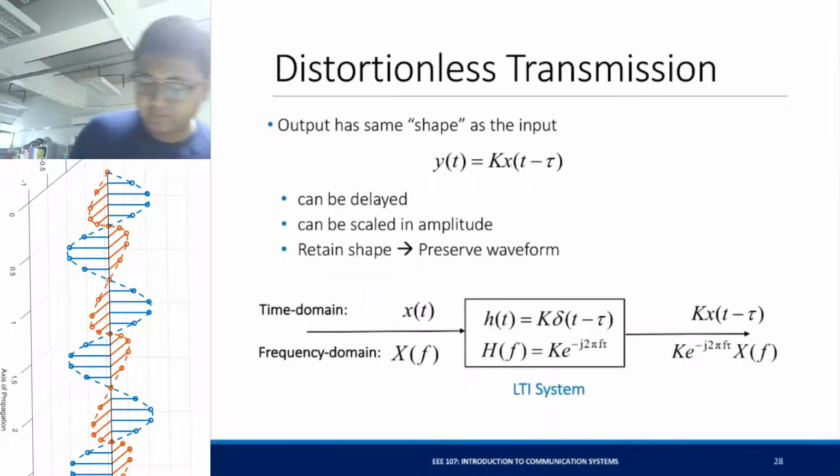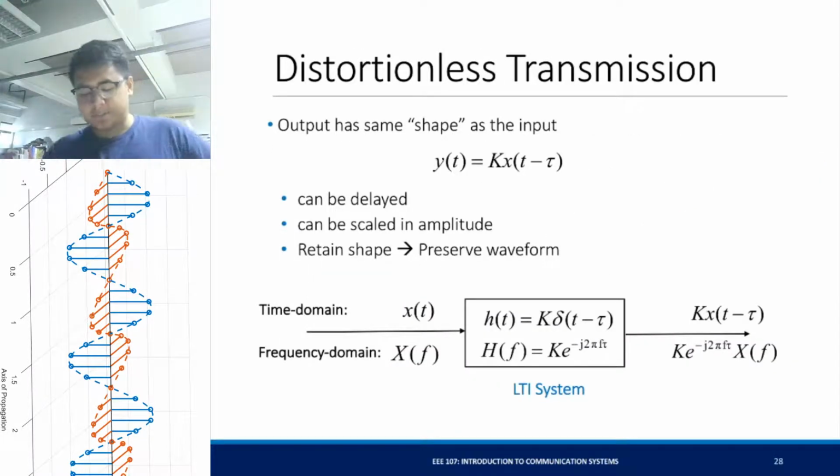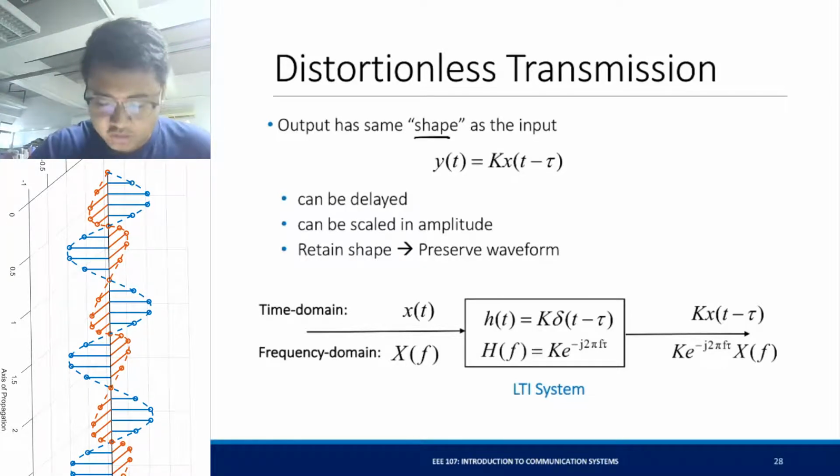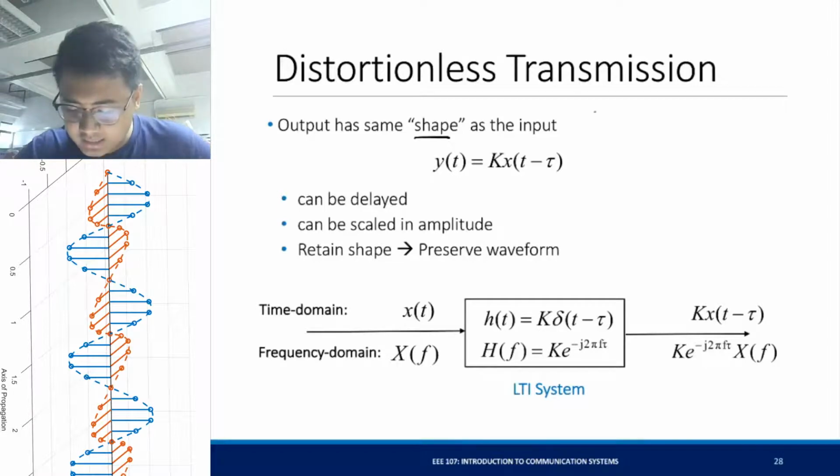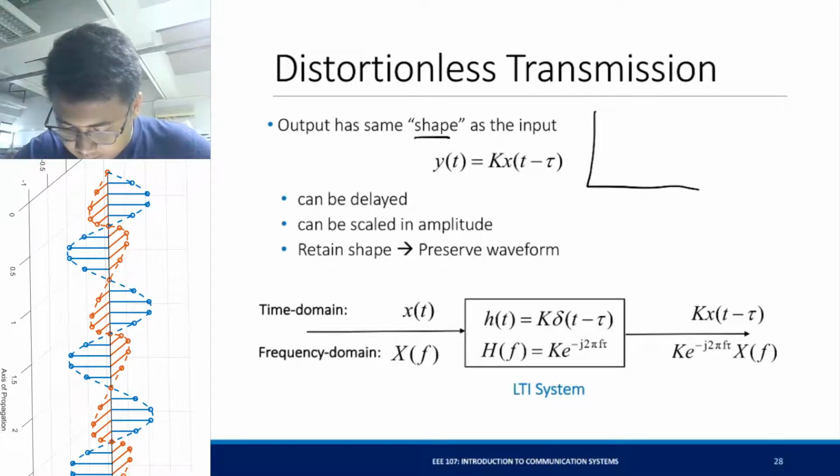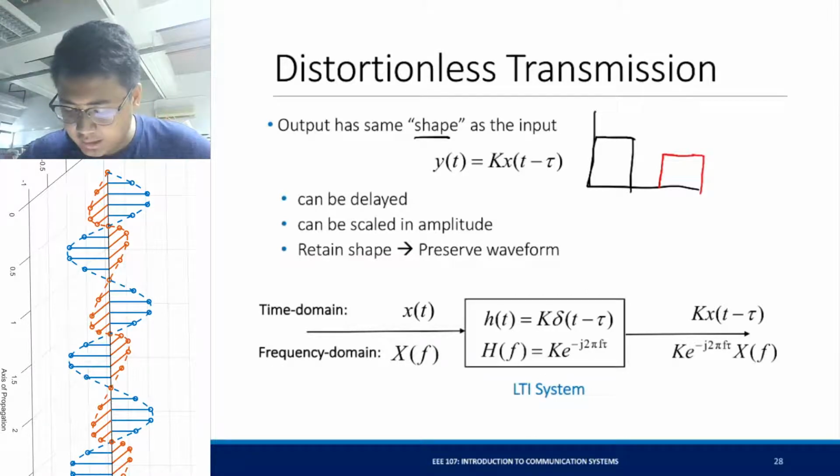Okay? So distortionless transmission, this is what we want to achieve. Distortionless transmission is when the output has the same quote-unquote shape as the input. Basically, if we have an input here, the output that we desire is maybe something like this, a time-delayed version, still the same shape, and scaled by some factor k.